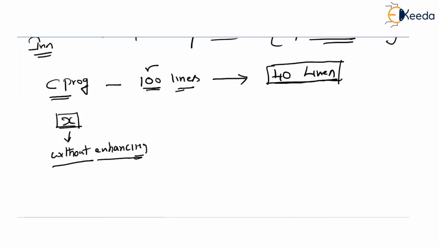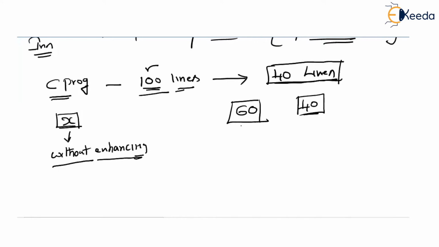The designer observed that 60 lines of code, even if you implement any technique, can never be improved at all. Speed up can never be increased on these 60 lines of code. But on these 40 lines of code, if you implement a few techniques, speed up can get gained or increased.